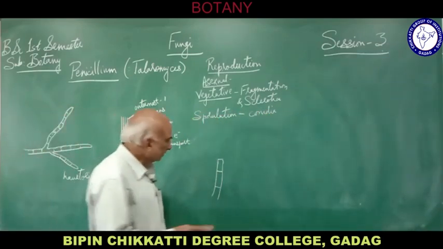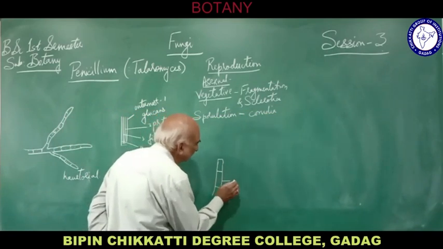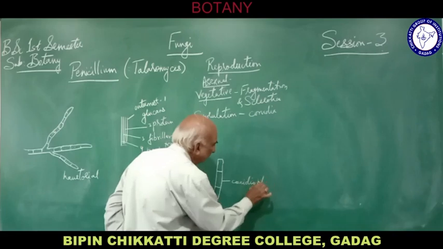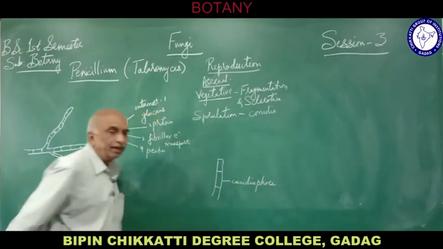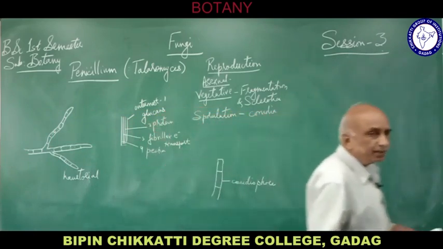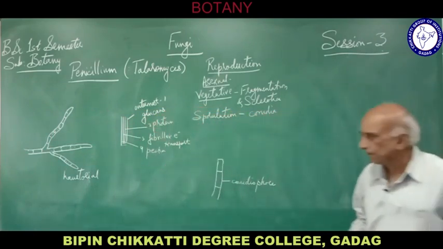The structures which produce the conidia are called conidiophores. A conidiophore is a hypha which arises from any cell of the mycelium.